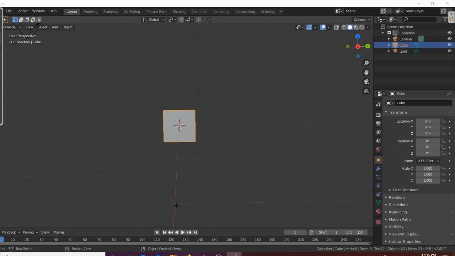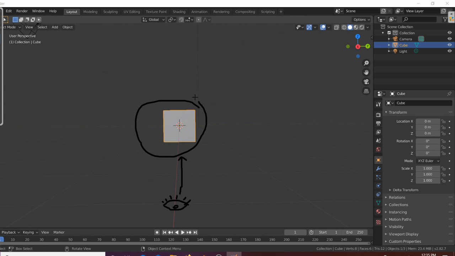That means you are standing somewhere here, and this is your eye, and you are looking along the x-axis towards the front view of the object.